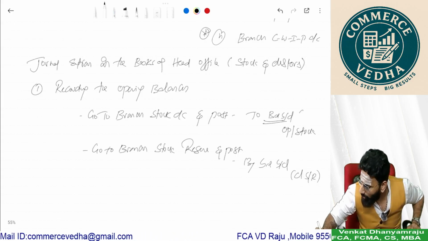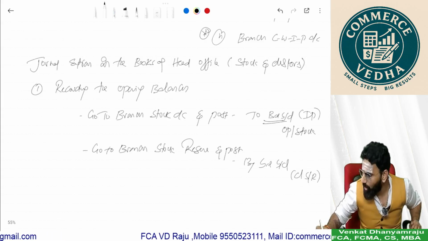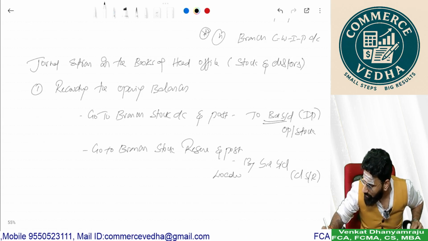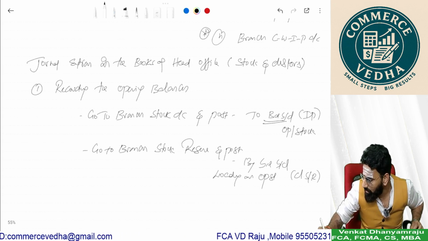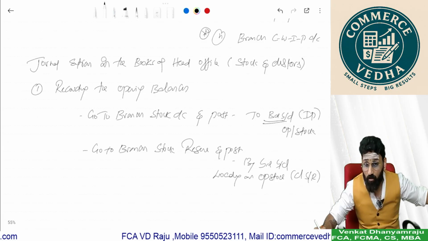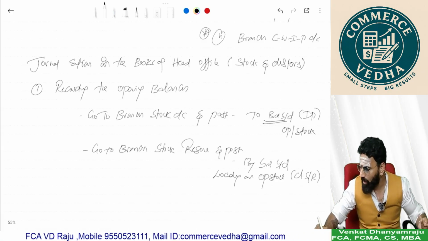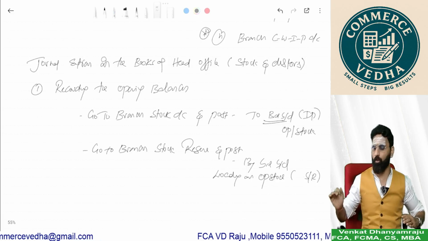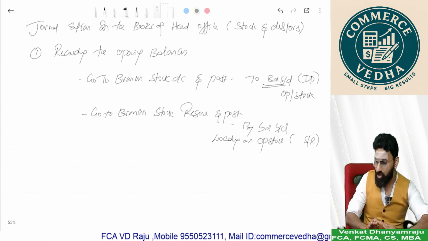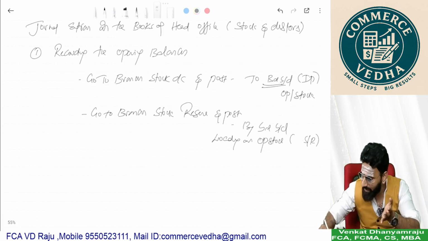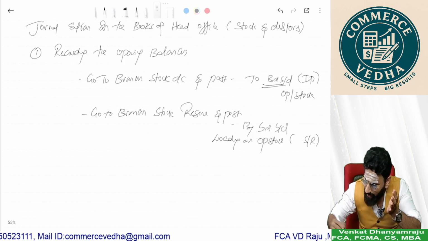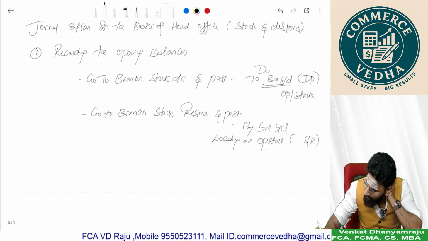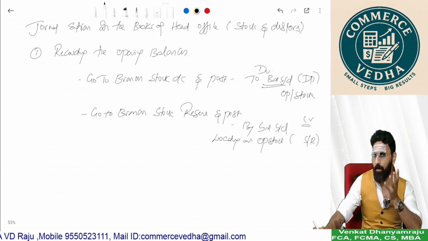This is at invoice price, and this is the closing stock reserve, the loading on opening stock. This is the closing stock reserve of the previous month or previous year, or we can say stock reserve, simply talking about the stock reserve loading on opening stock. The minute you post branch stock opening balance on the debit side, it is always on the debit side because it is an asset, and this is the credit side as it is a liability.